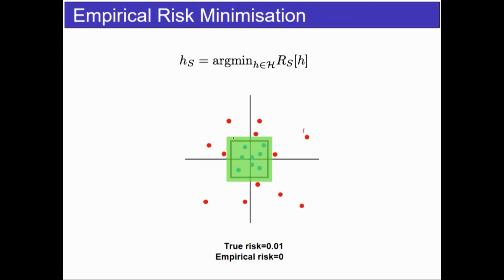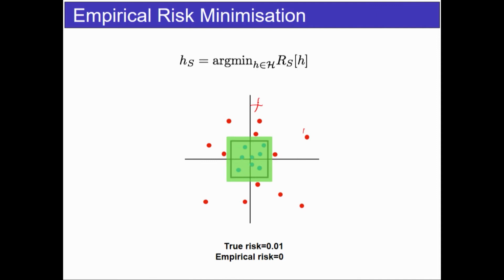As the number of samples increases, you have reason to hope that your classifier is going to get better and better. But you will never be able to guarantee that you are going to get the exact rectangle. So that's going to be a hard thing. You have to relax the goal somehow. That's something we'll get to later. So that's the idea.